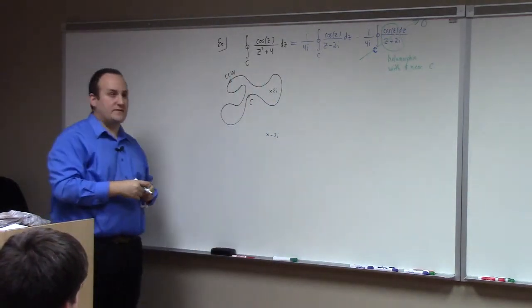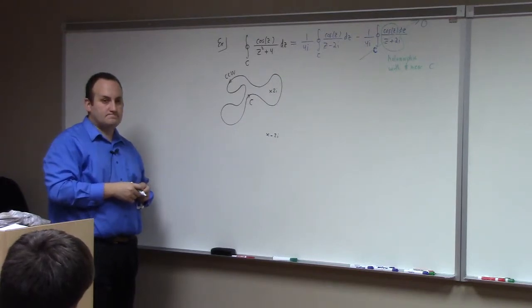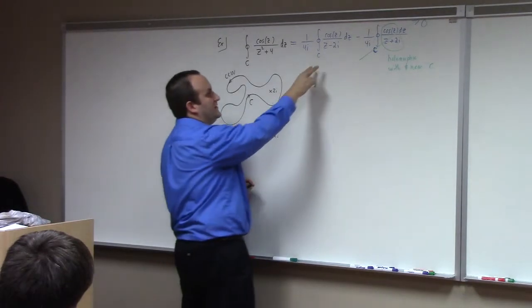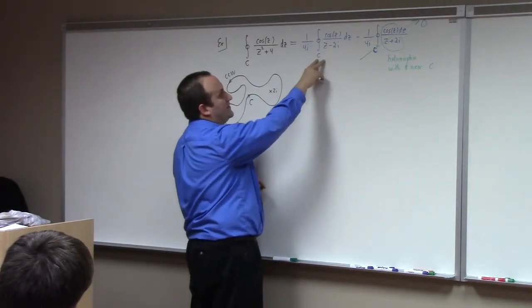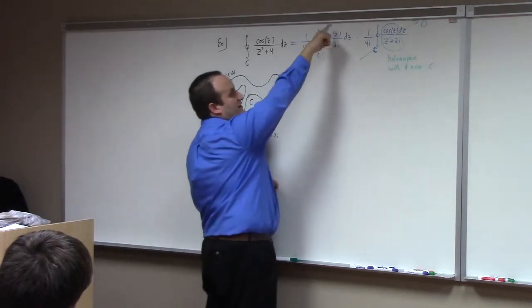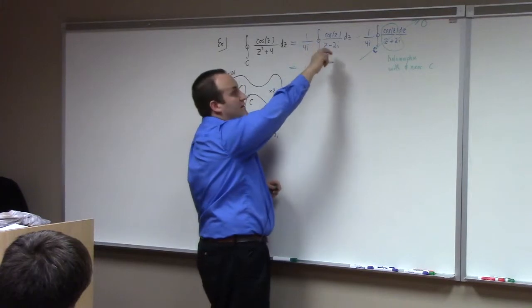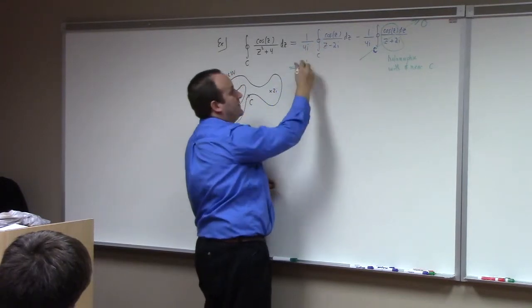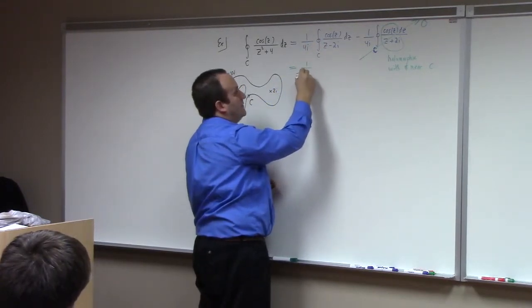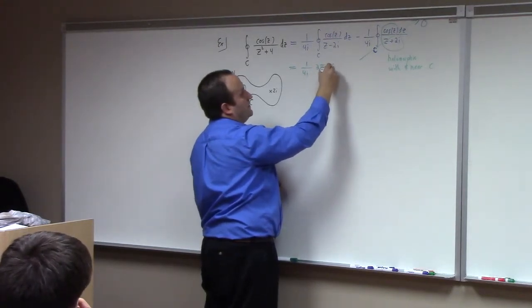Not the integral theorem, but just plain old Cauchy's theorem. And then by Cauchy's integral formula, m equals 0 case, what's this equal to? Here, cosine of z is the f of z, right? Cosine of z, of course, is holomorphic. The singular point is 2i, so we get 1 over 4i times 2 pi i cosine of 2i.